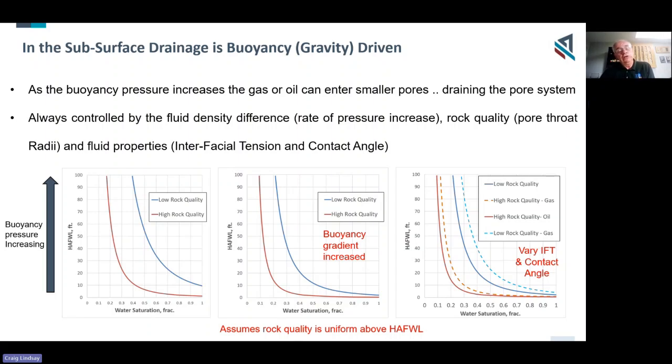So you can see that the curves are shifted because we've changed the fluid type. And then we've gone over to the right hand image, and I've changed the interfacial tension and contact angle. That wouldn't normally change on its own, but for the sake of a demonstration, I've just left it as that. You can see that definitely affects things, but not so much. So the primary controls are the pore throat radius, the rock quality, and the fluid properties.